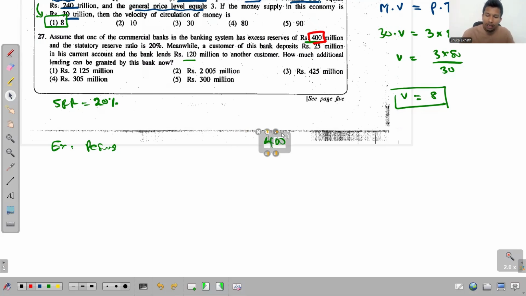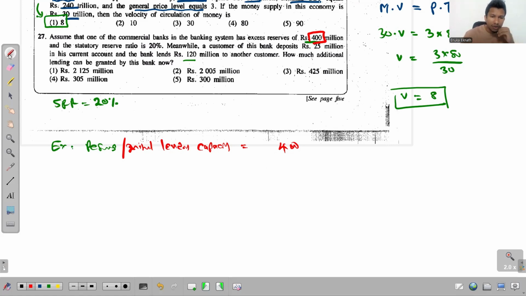The excess reserve that the banks have must be the total amount of loans that they can grant to the general public. So this excess reserve, let me write initial lending capacity. Initial lending capacity is 400.